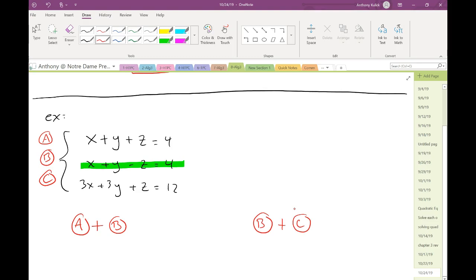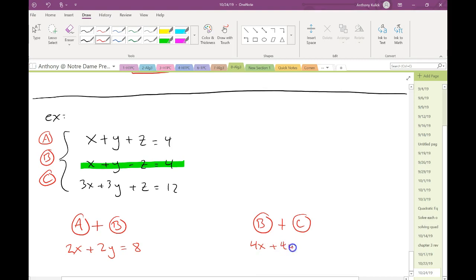Okay. So, if I add equations A and B, I'm not going to recopy them because I didn't multiply anything. I have everything written up there. I can just add them together. X plus X is 2X. Y plus Y is 2Y. Z plus negative Z cancels out and gives me 0. And then 4 plus 4 is 8. If I add B and C, X plus 3X is 4X.